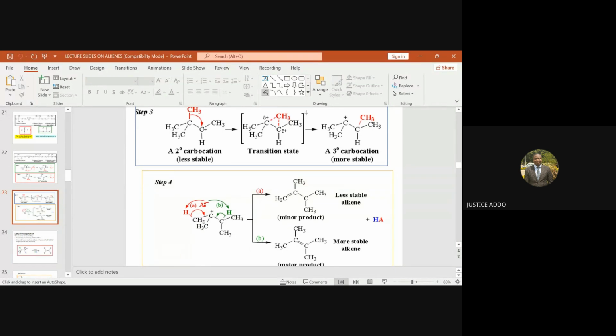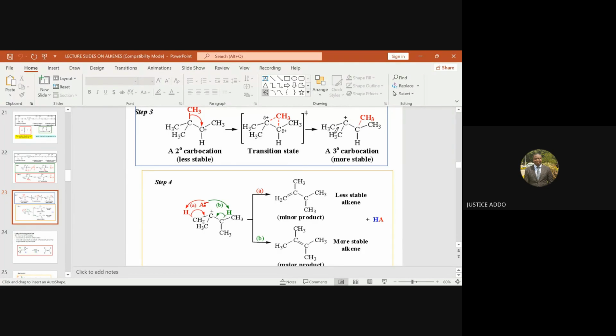Now, when you form the tertiary, then you look out for adjacent hydrogen. When you take this one, this hydrogen here is adjacent to this. Then the ones on this methyl group are also adjacent. So you can remove this hydrogen here, and then the double bond will come in between these 2 carbons. And that is one of the products, which we are saying is the major product.